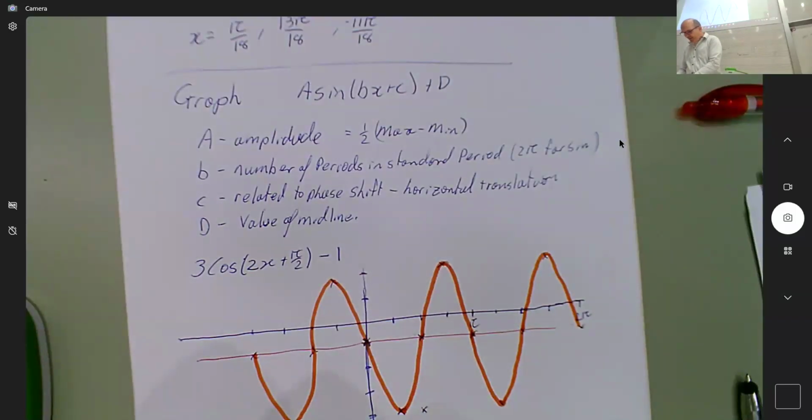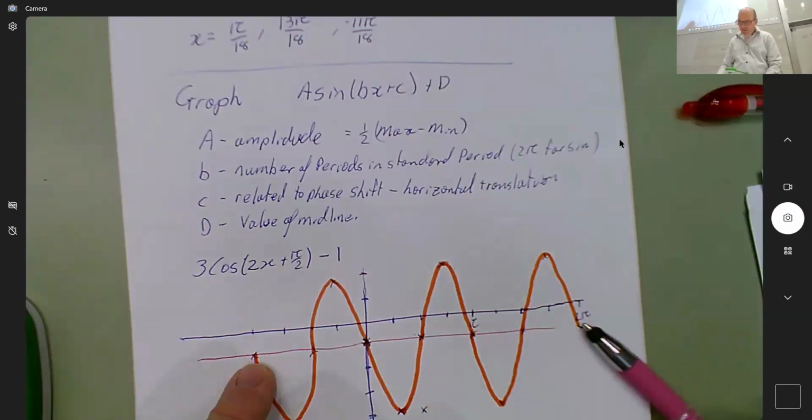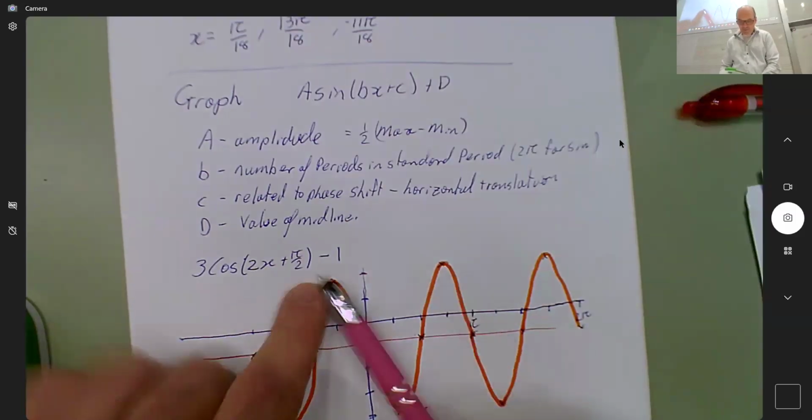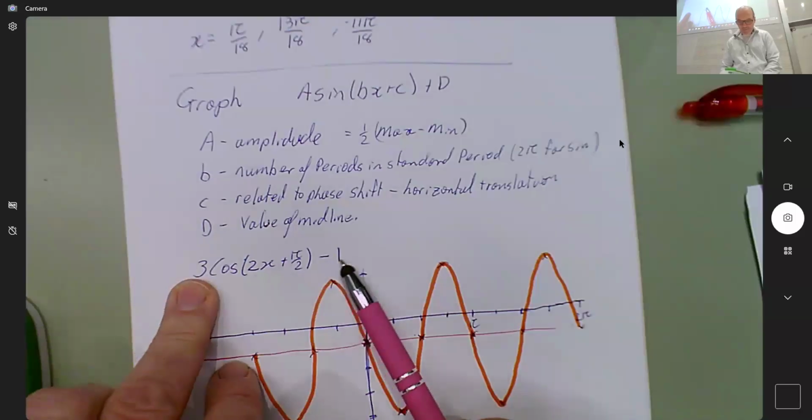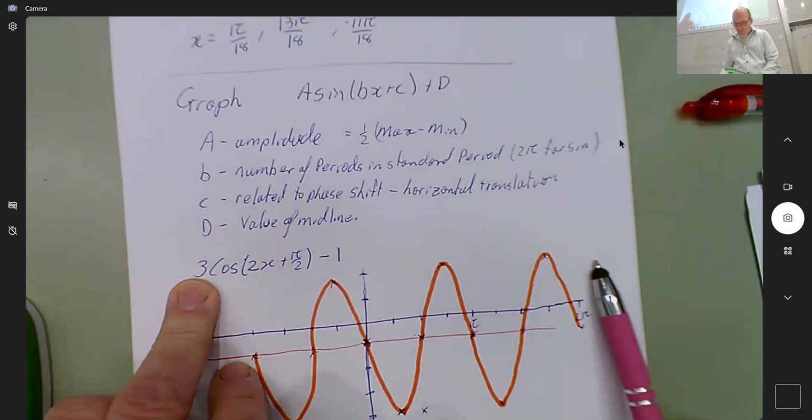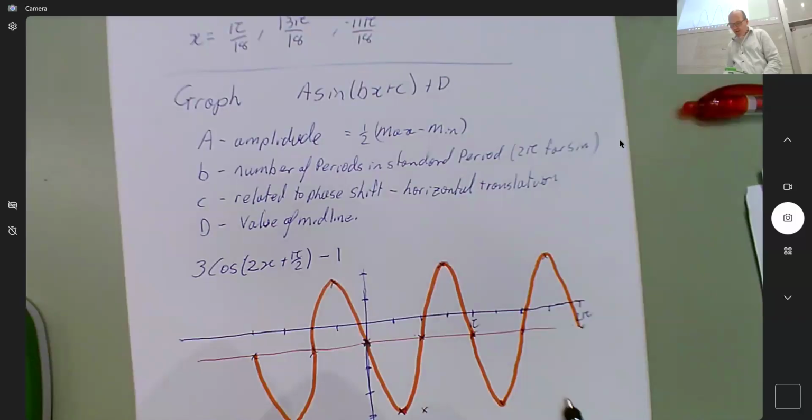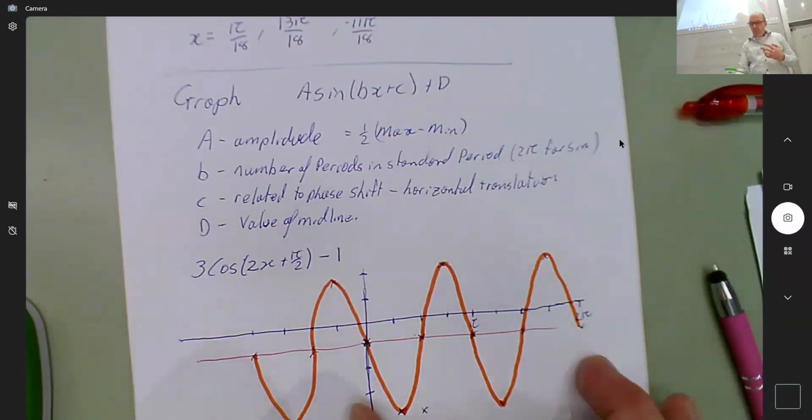Now, reality check. Things I'm going to check now. Midline's at -1. Maximum should be amplitude plus midline, so it should be at 2, tick. Minimum should be at -4, tick. I've incorporated that for a 2 pi region, there should be 2 full periods.